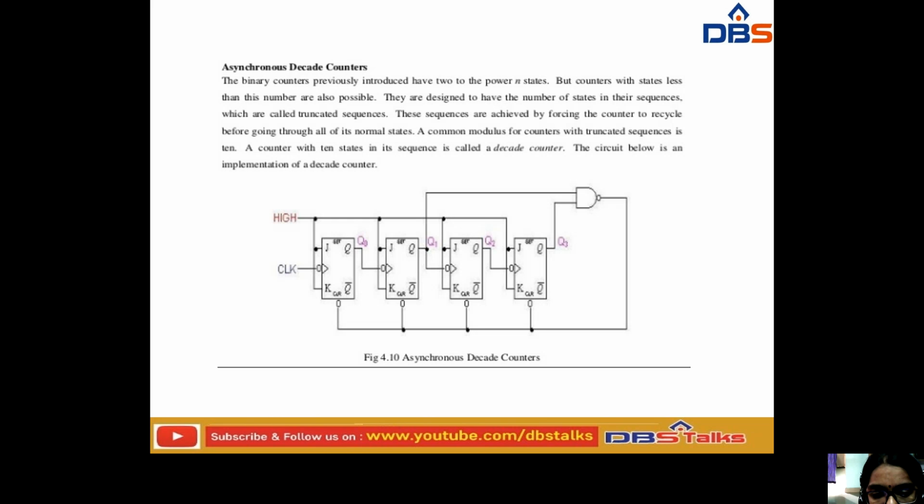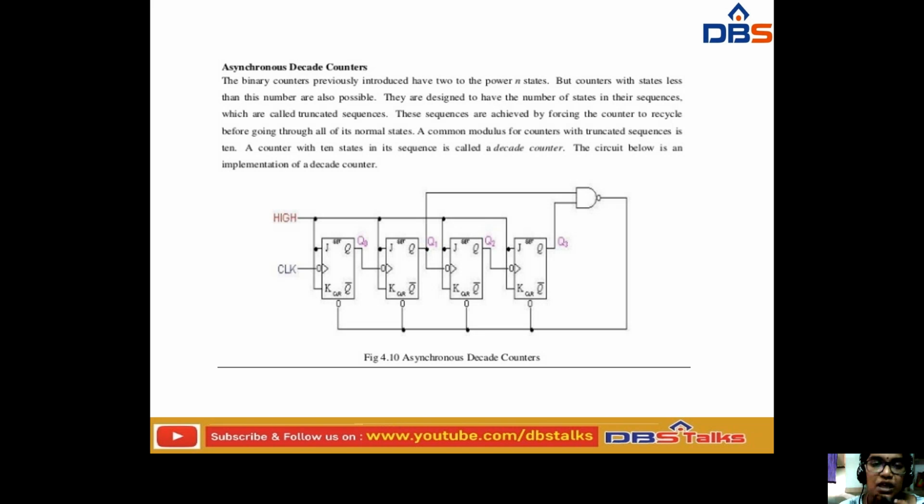Here, the sequences we use are based upon the clock signals, and based upon these signals the output is generated. Counters with fewer states than the number possible are called truncated sequences.